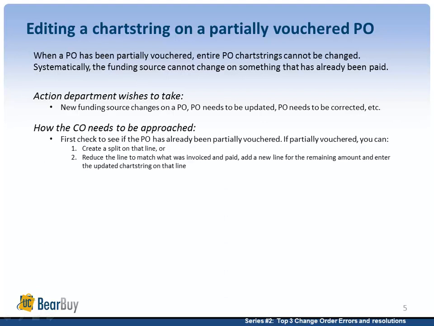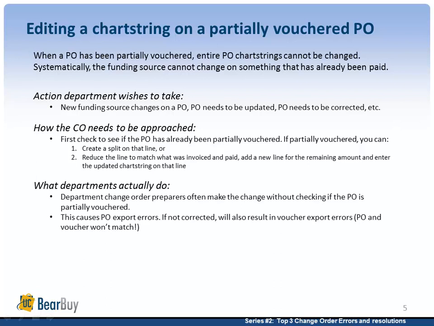So first, the change order preparer must check to see if the PO has been already partially vouchered. If it has, create a split on the line that needs to be updated, or reduce the line to match what was invoiced and paid, and add a new line for the remaining amount and enter the updated charge string on that line. What we've seen happen is that the department change order preparers often make the change without checking if the PO is partially vouchered.